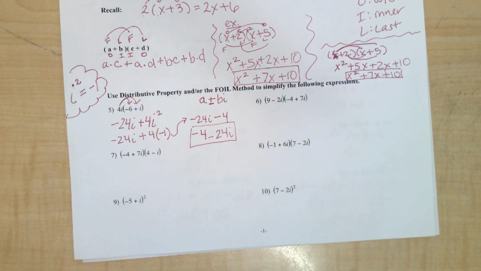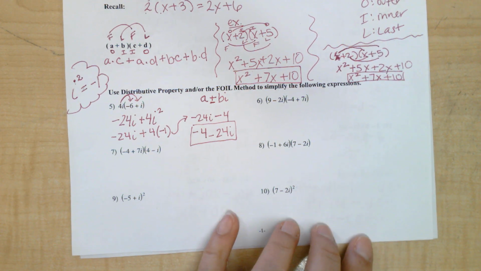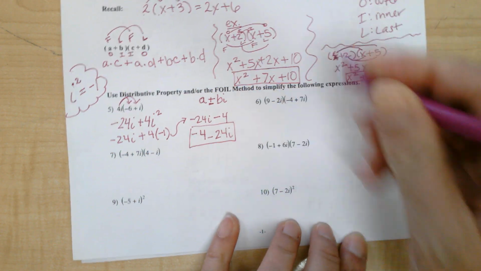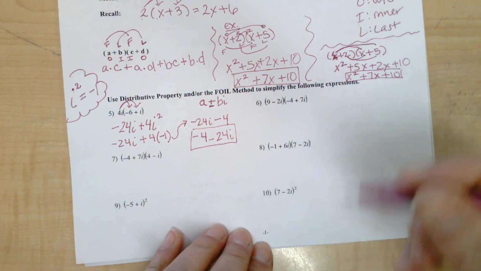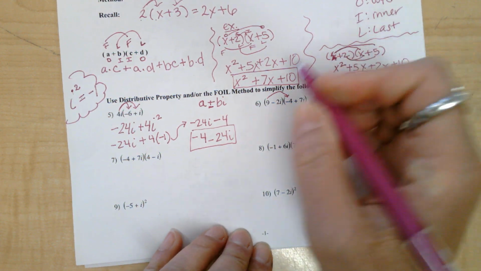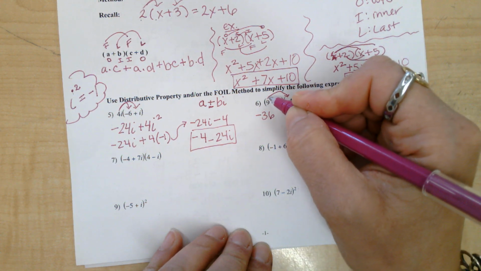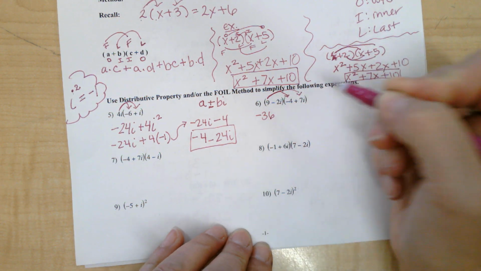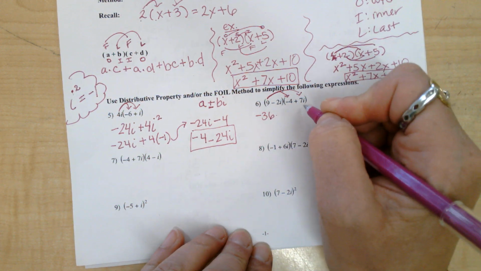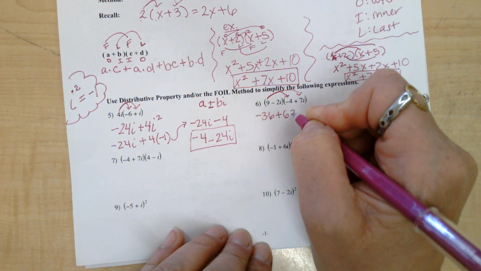All right, number 6, let's use double distributive, and then we can use FOIL. So let's just concentrate on the 9 here. We're just going to distribute: 9 times -4 is -36. 9 times positive 7i is positive 63i.